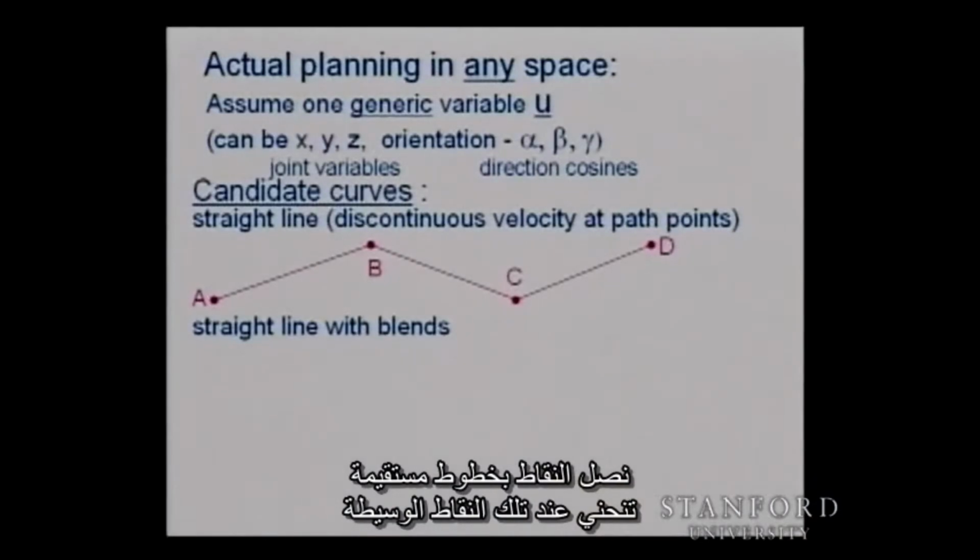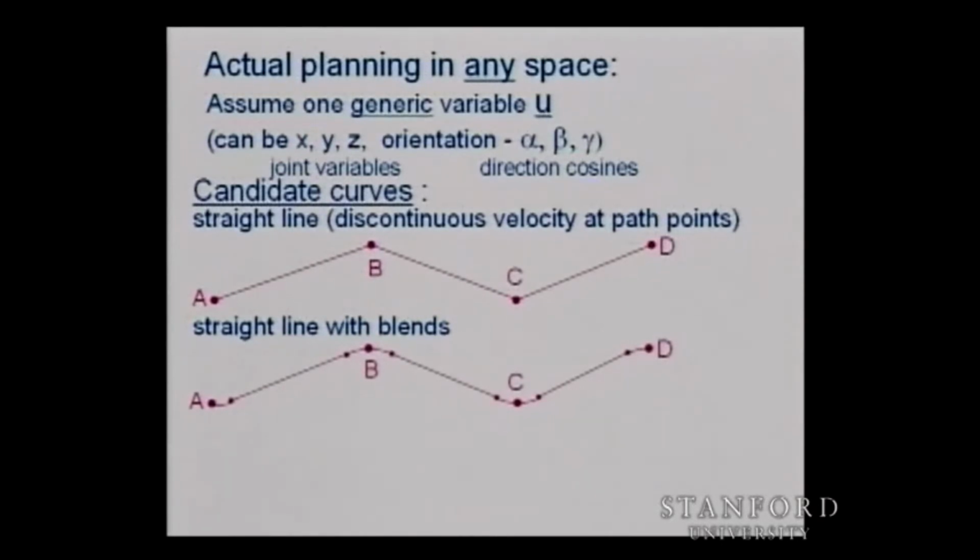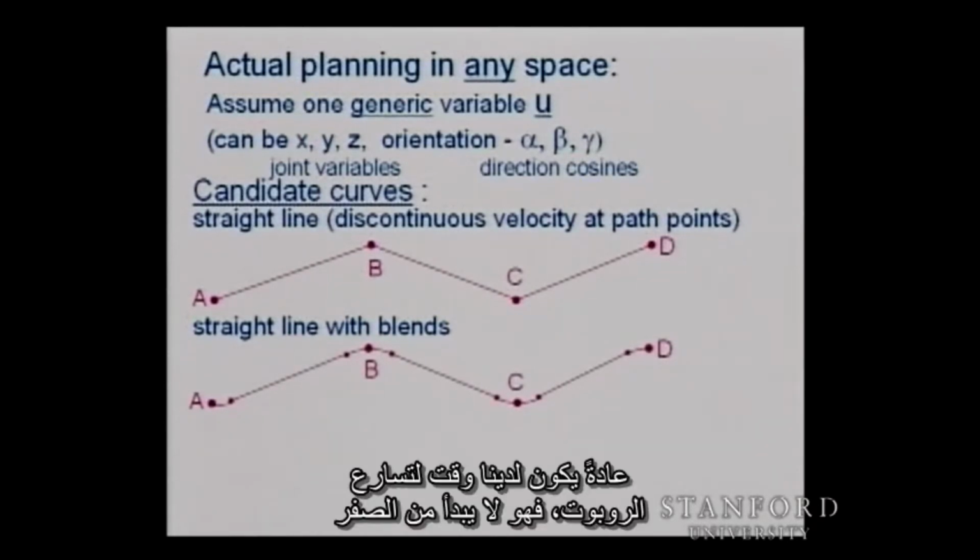So what do we do? We do straight lines with blends at the intermediate points. Usually we have time to accelerate the robot; it doesn't just start from scratch.